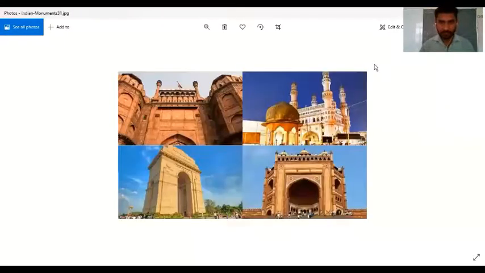Very famous buildings and monuments were also built. So coins, monuments, and parts of utensils, all these things are called archaeological sources.